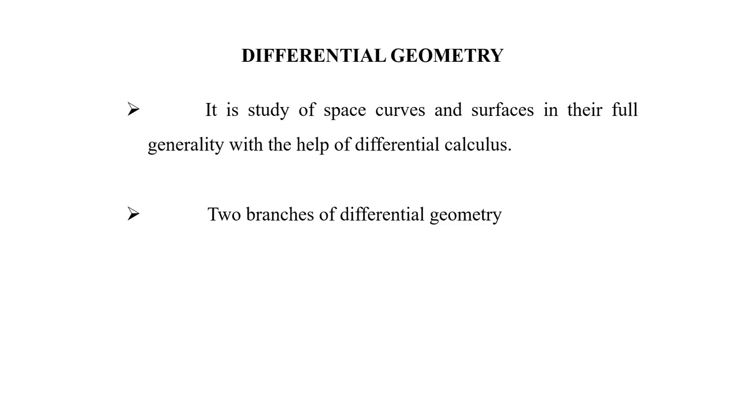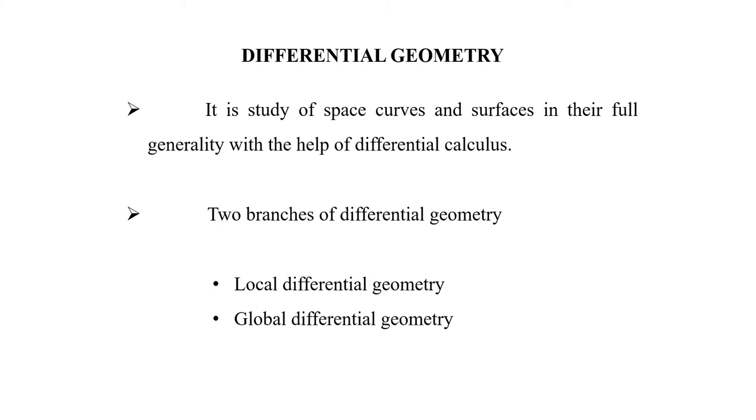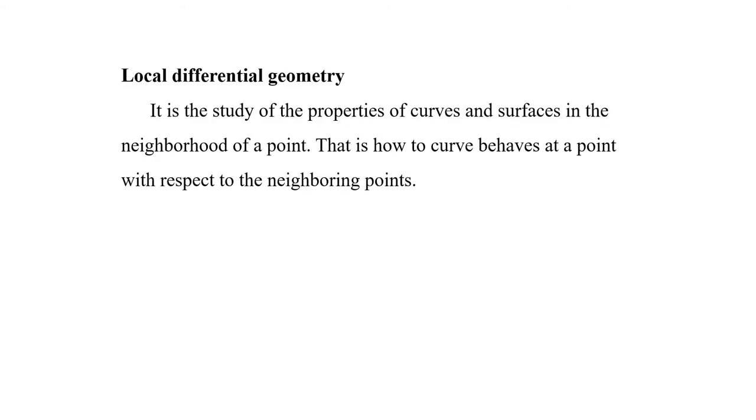And differential geometry has two branches. One is local differential geometry, another one is global differential geometry. What is local differential geometry? Local differential geometry is the study of properties of curves and surfaces in the neighborhood of a point.